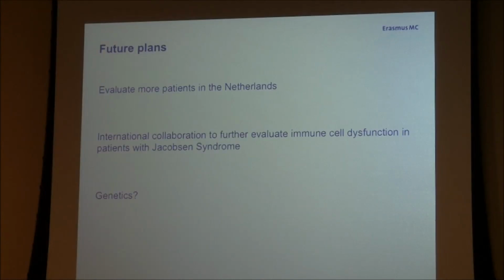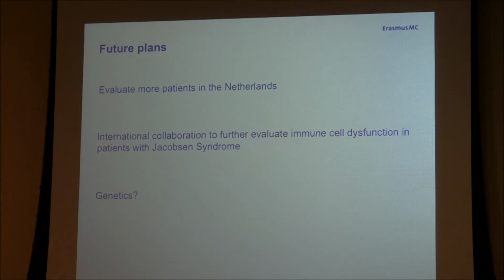So, what are the future plans? We evaluated now 9 patients, and I think we can conclude that all patients have indeed respiratory tract infections, but you also find in a high number significant deficiencies in immune cell function. So, we are going to complete the analysis on all patients in the Netherlands, and we are now setting up the international collaboration to evaluate immunodeficiencies.